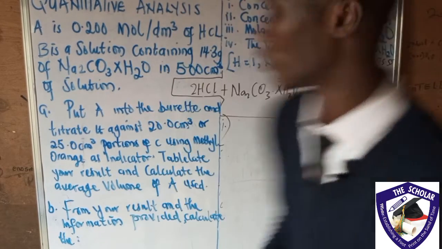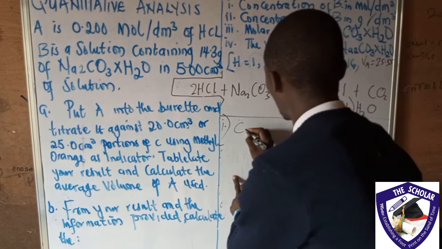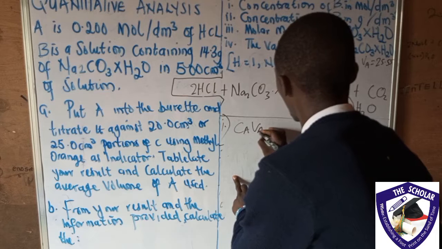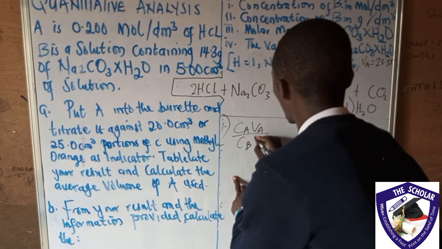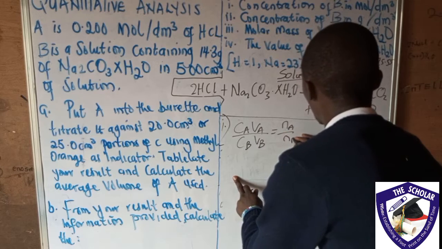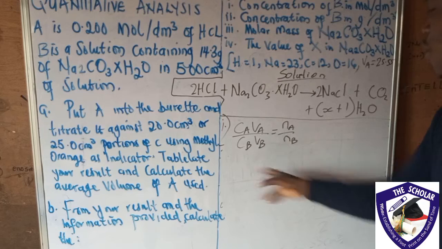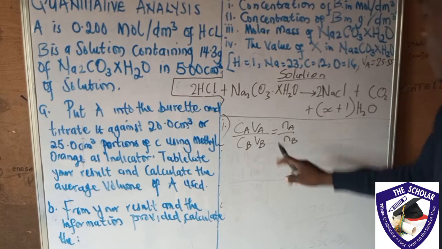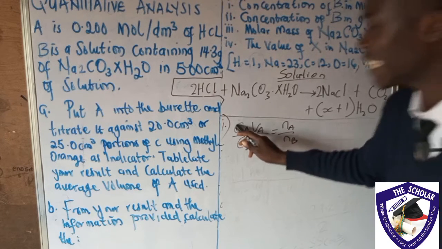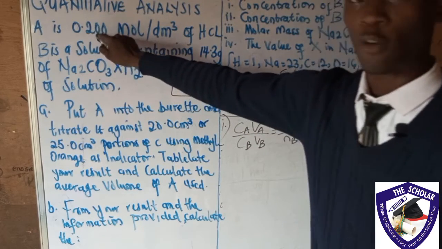So the formula that we are going to be using is what I call the Sir Caban formula, which is CaVa over CbVb equals Na over Nb. Very simple. Where your Ca is the concentration of A, 0.2.